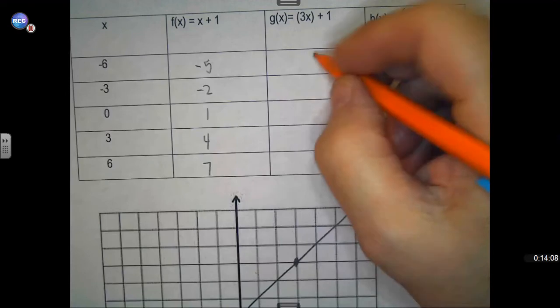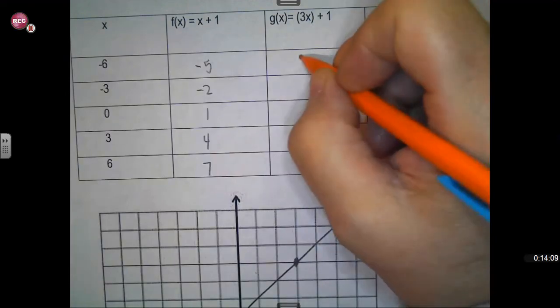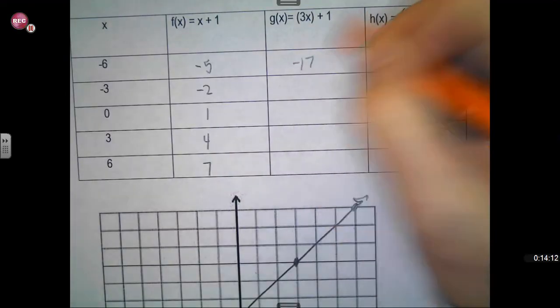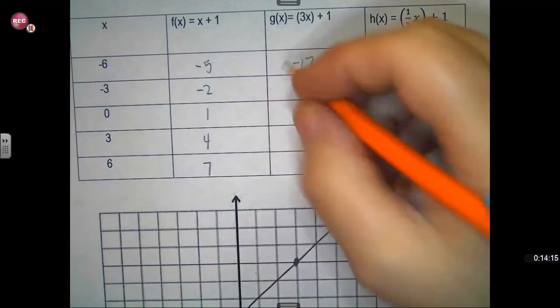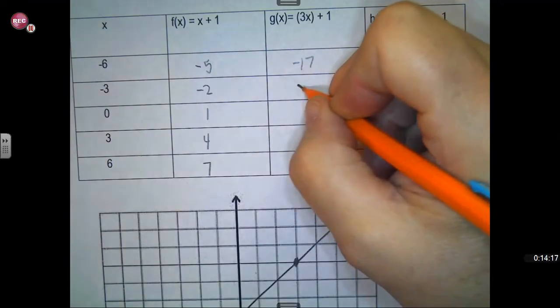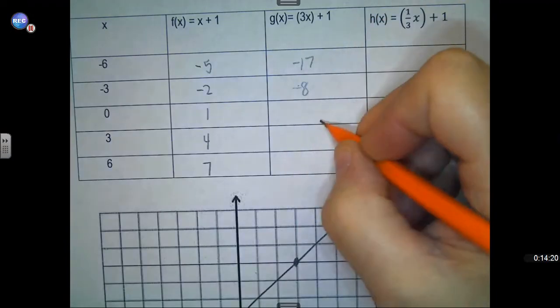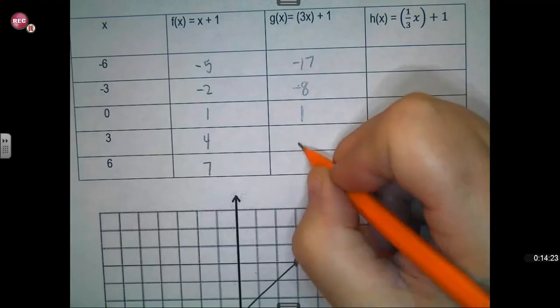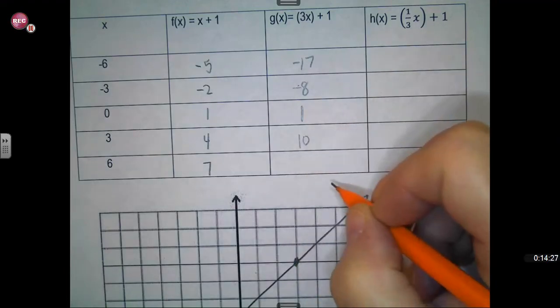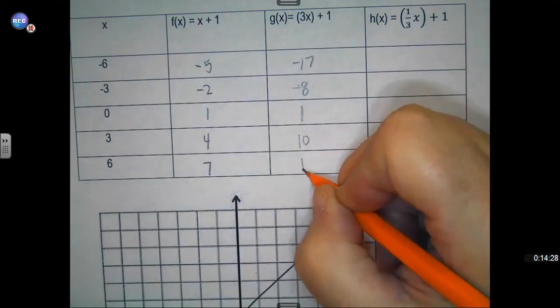Now we plug in, let's see, that's going to be -18 plus 1. That's obviously not going to fit on our graph. -9 plus 1 would be -8. 0 plus 1 is 1. 9 plus 1 is 10. And 18 plus 1 is 19.